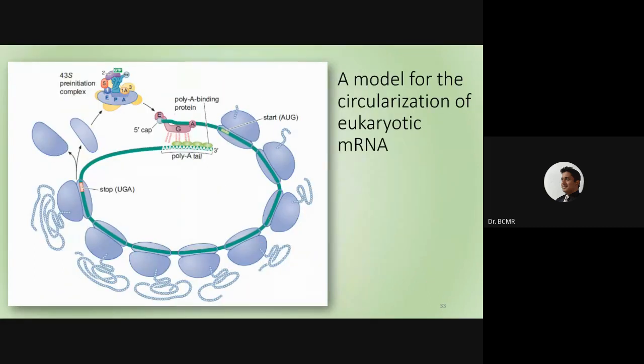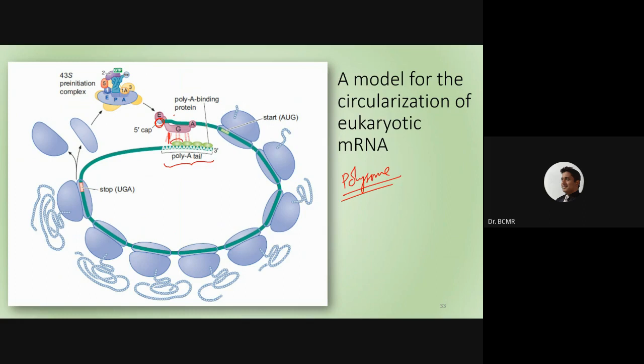It is also thought that in eukaryotes especially, there is circularization of the mRNA. It is a polysome, like we discussed for prokaryotes in the beginning of this lecture. This is the G cap, and the 3' end has a poly-A tail. So it is thought that there is an interaction between the initiation factor eIF4G and the poly-A binding proteins.